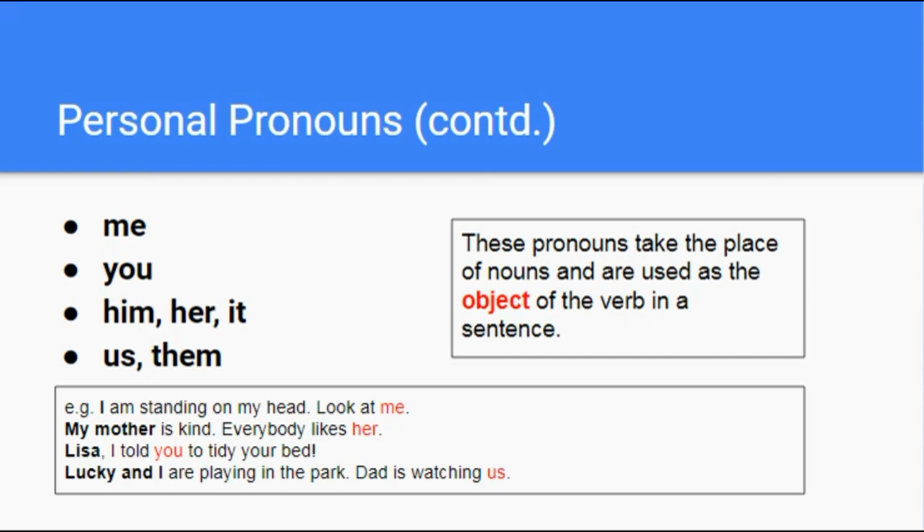Similarly, my mother is kind, everybody likes her. Similarly, Liza, I told you to tidy your bed. Or Lucky and I are playing in the park, Dad is watching us. So these are very good examples of personal pronouns when these words are used as objects.